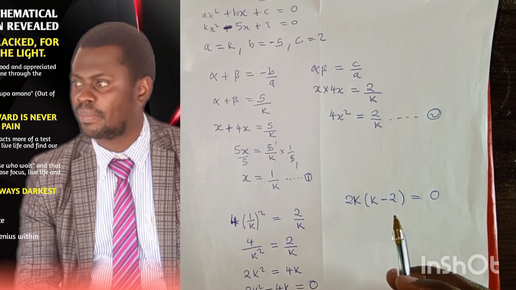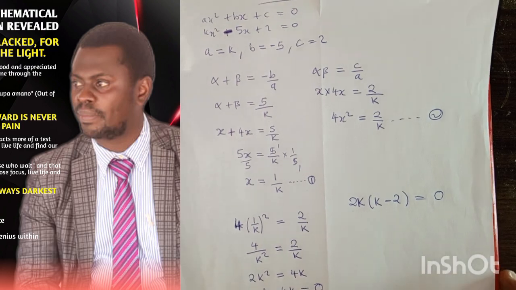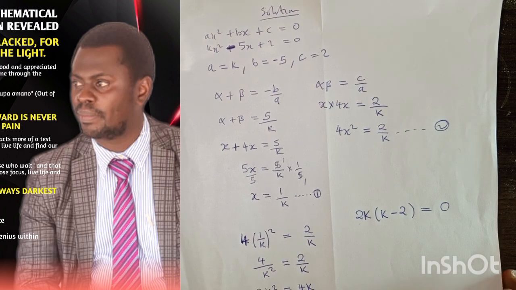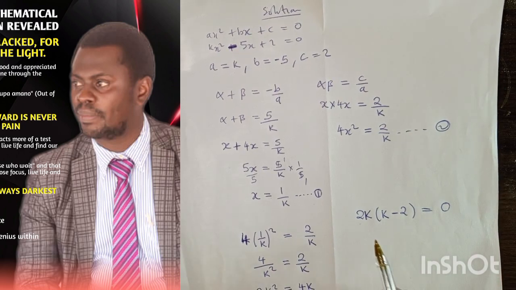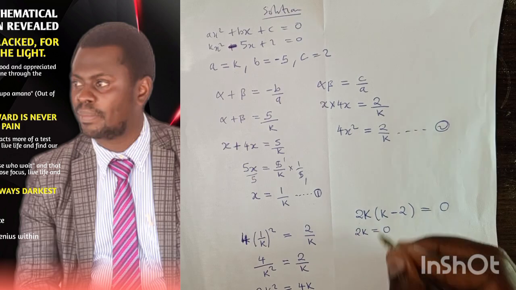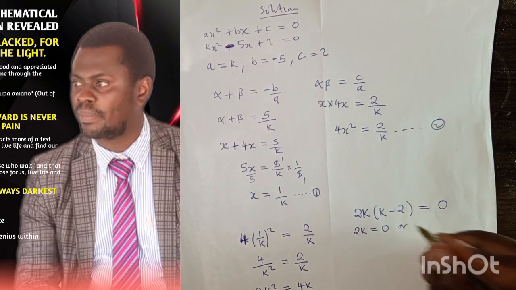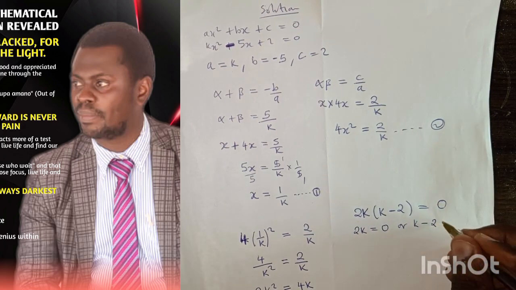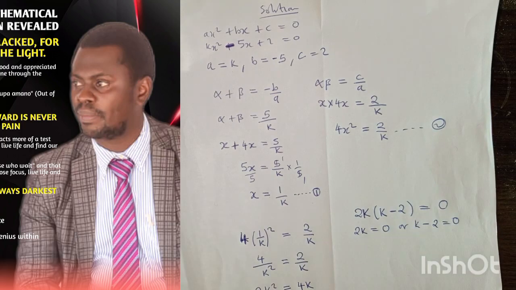If you multiply two terms and the result is 0, it means one of the two terms should be 0. So either 2k is equal to 0 or k minus 2 is equal to 0.